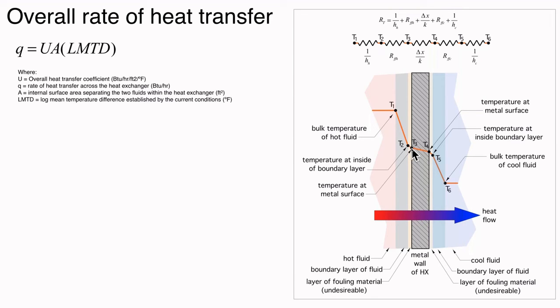it also is going to create some temperature drop. The metal wall itself, most of the metal walls are pretty thin, and they are high conductivity. So yes, there's a slight temperature drop there, but in most cases, it's very small. And then finally, we have the fouling film and the boundary layer on the cool side. So we can think of these various layers as thermal resistances.